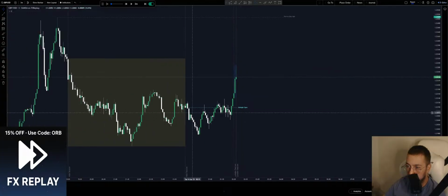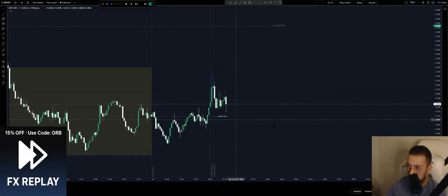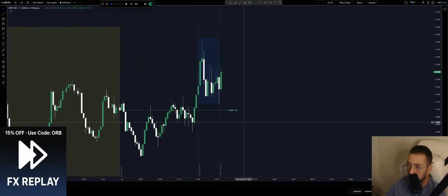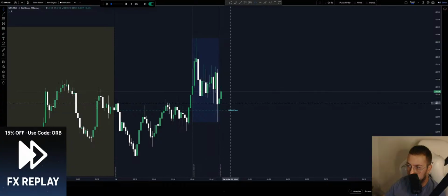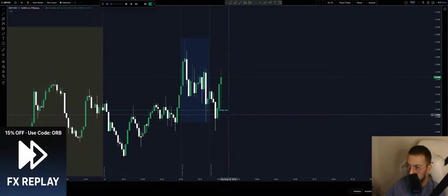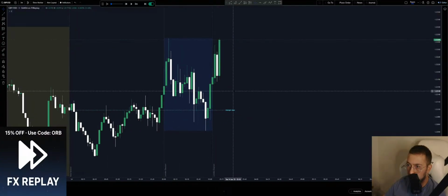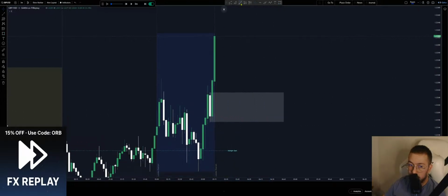Okay, so the overall structure is bullish. Okay, we have a change of character here. No valid zone. Okay, we do have this zone valid. There's a demand zone right there.